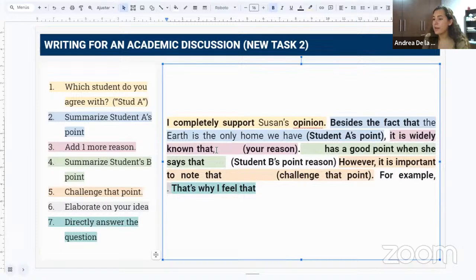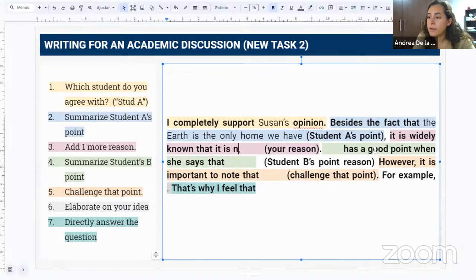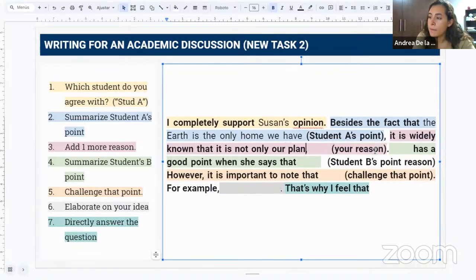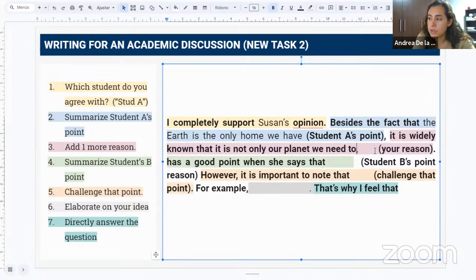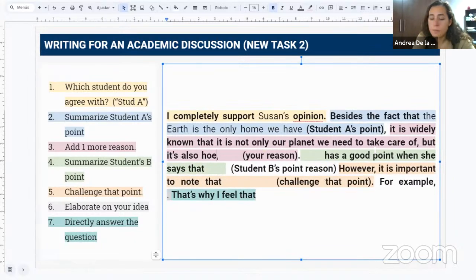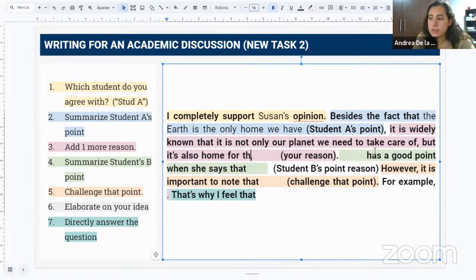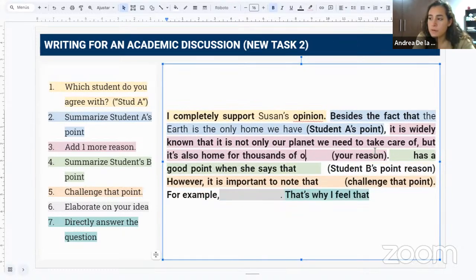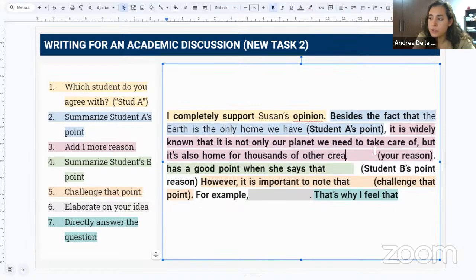We can say, it is widely known that, let's say, how can we say that? Maybe we can say it's widely known that it is not only our planet we need to take care of, but it's also for thousands of other creatures.